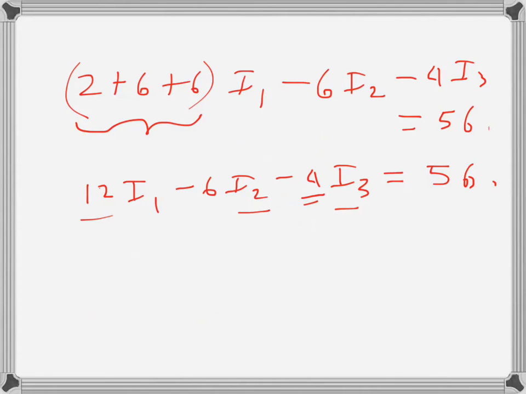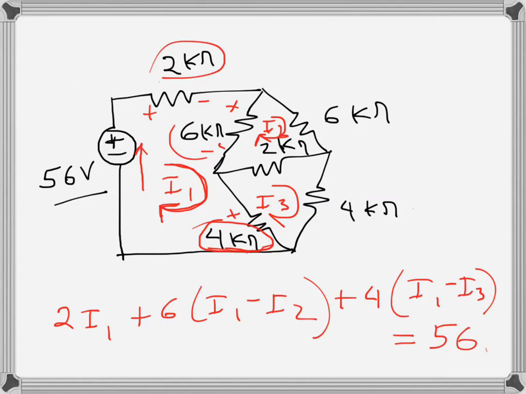So for mesh 2 I will write the equation directly. For mesh 1, the right hand side is the EMF. For mesh 2 the current is I2, so I2 will be positive and I1 and I3 will be negative.